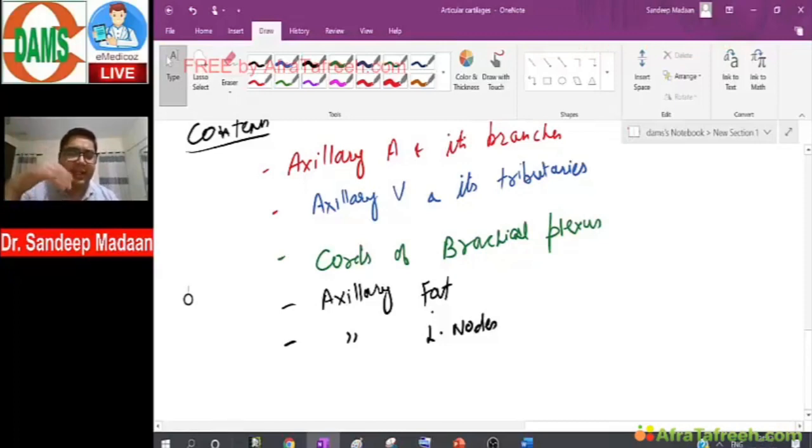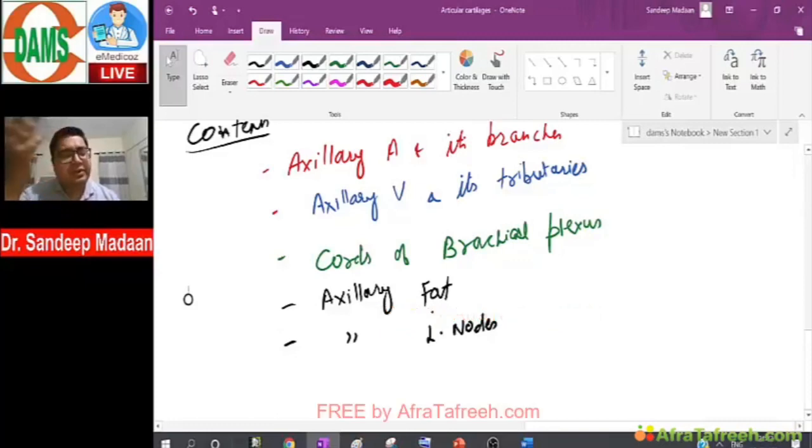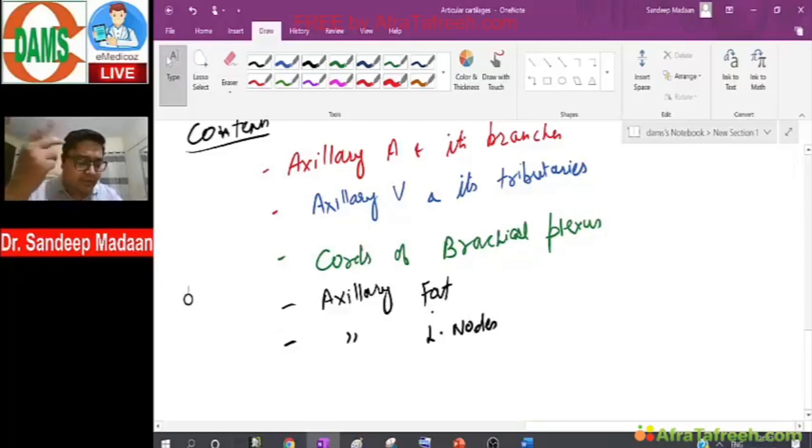Simply, veins follow their counterpart arteries. And the axillary lymph node is particularly important for the breast lymphatic drainage, which is again a very important topic in surgery. When you reach final year, you will be discussing this in detail, and in basic anatomy in first year also this is required, because of the increase in incidence of breast carcinoma, breast cancer.